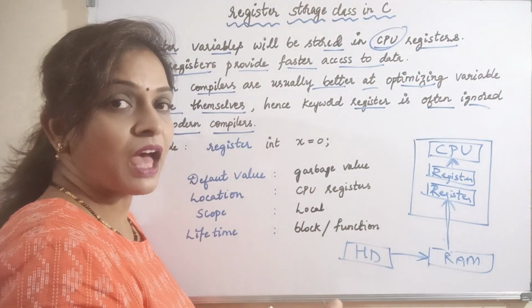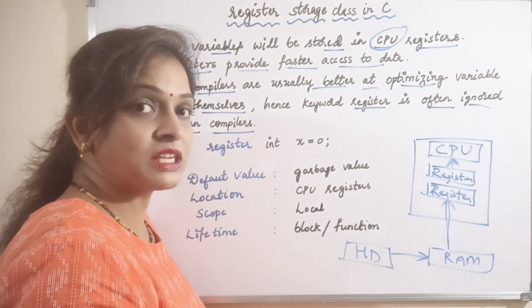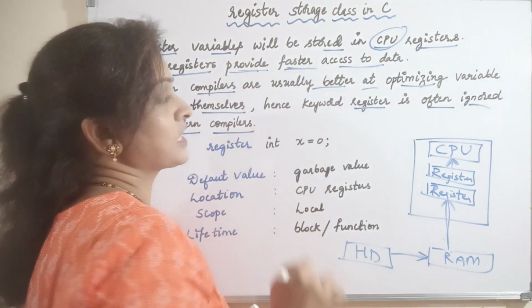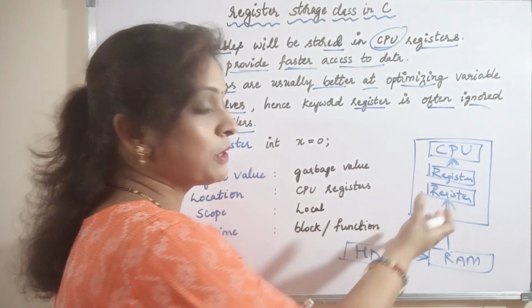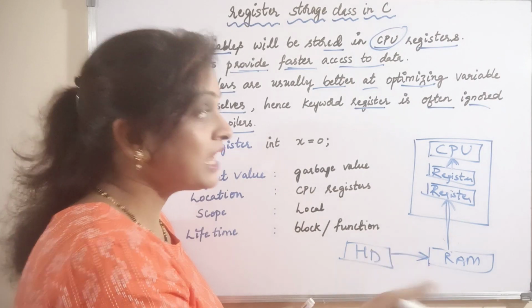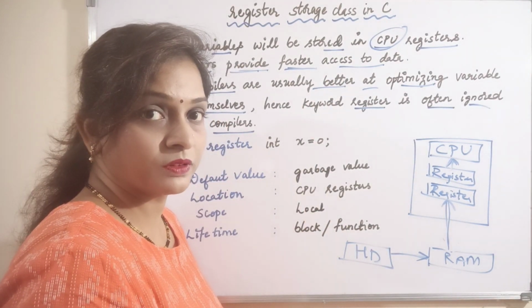When we have a variable of register type, the data of those variables will be stored in CPU registers. CPU registers provide faster access to the data because they are inside the CPU itself, and obviously the data in the registers can be easily accessed by the CPU and quickly processed.